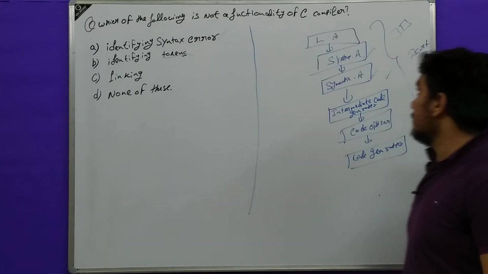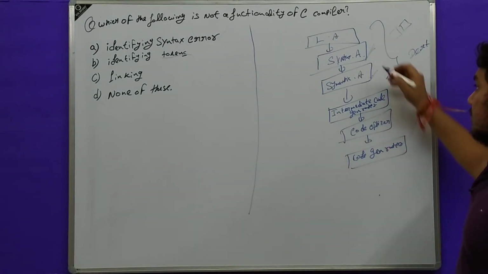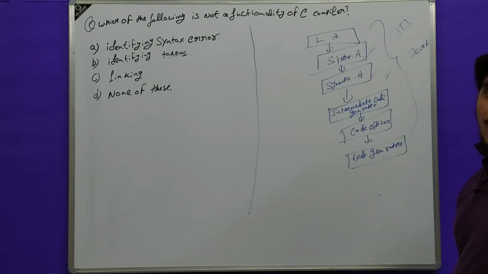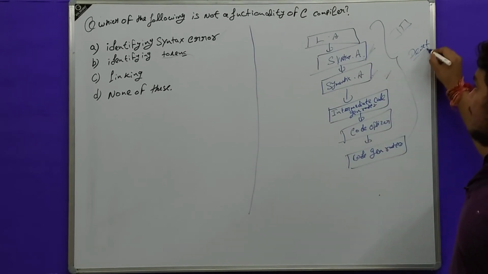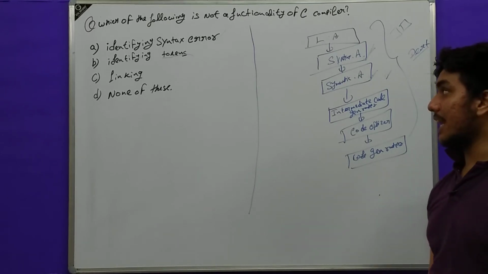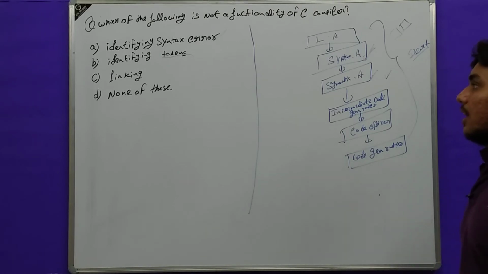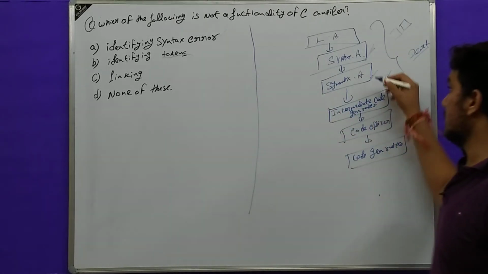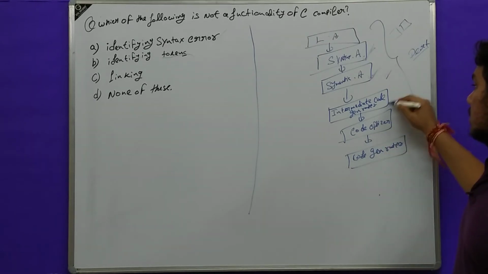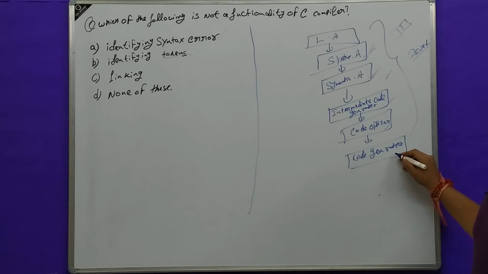Identifying tokens is the functionality of syntax analyzer because after identifying the token, it creates a derivation tree and checks whether the string is syntactically correct or not. Okay, after that, the semantic analyzer works, intermediate code will be generated, code will be optimized, machine dependent code will be generated.